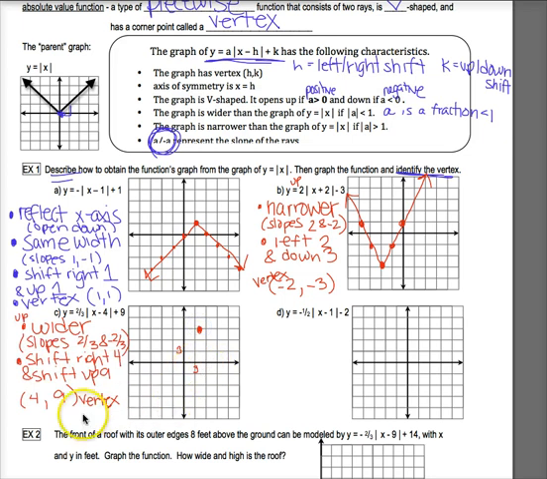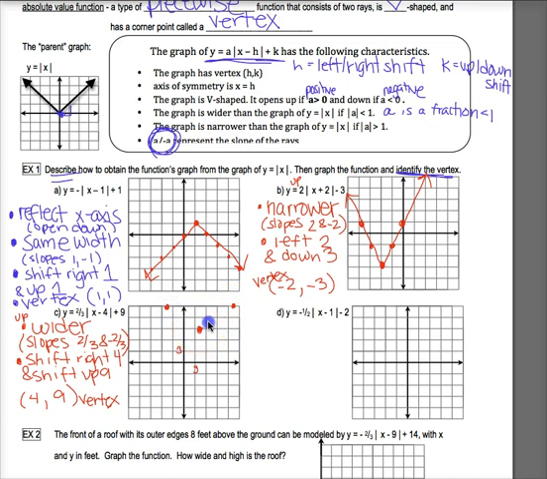Now, from the vertex, I know it's going to open up. I look at my slopes, 2/3, so that means up 2 and right 3. 1, 2, 3. Again, these are not going to be on exact dots because your vertex wasn't on an exact dot. Then over here, to get the negative 2/3 slope, you go up 2 and to the left 3. 1, 2, 3.